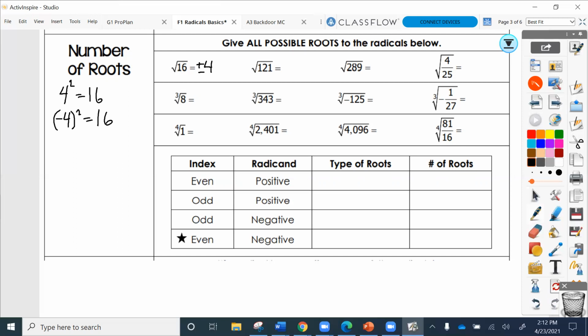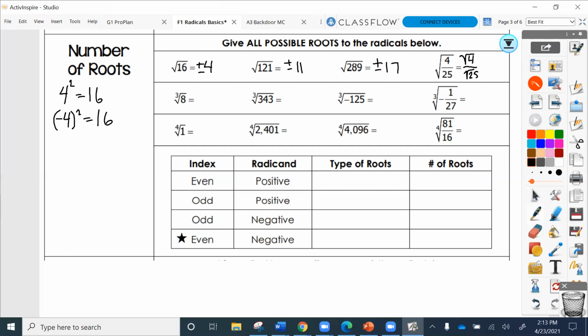So the square root of 121 would also be plus and minus 11. 289 would be plus and minus 17. And the square root of 4 over 25 is the same thing as the square root of 4 over the square root of 25. We'll learn a little bit more about that.